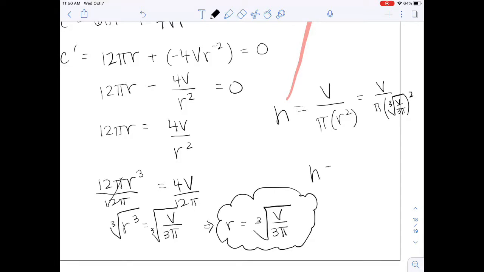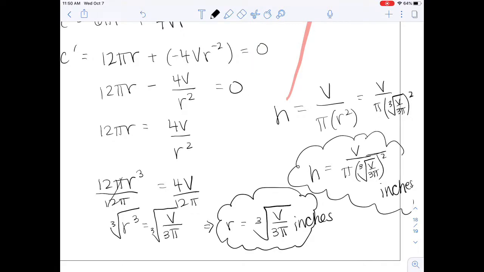So we'll go ahead and say that h is going to be v over pi times the cube root of v over 3 pi squared. And we are dealing with inches, so make sure we put inches on both of these. And we can check to actually make sure that this is minimizing our cost, but we'll go ahead and just take this as a given and say that these are our answers.